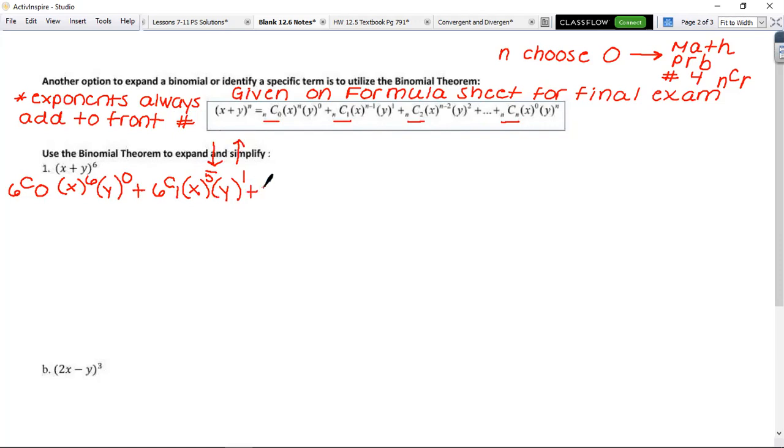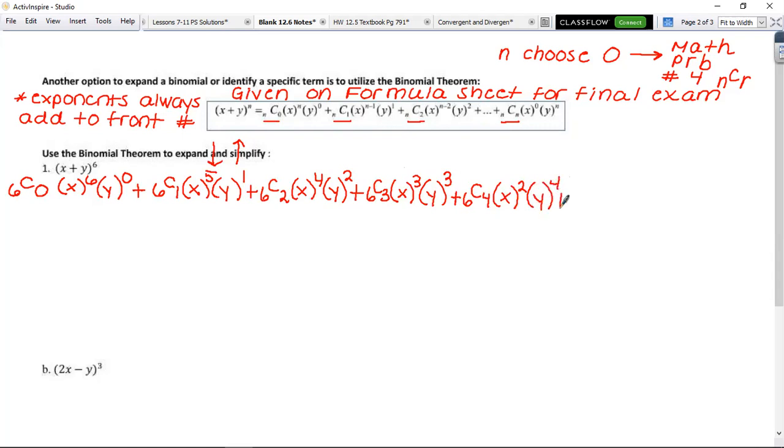Plus 6 choose 2, x to the 4th and y to the 2nd. Plus 6 choose 3, and this is x to the 3rd and y to the 3rd as well. You guys see the pattern? Okay, and then plus 6 choose 4, and I go x to the 2nd and y to the 4th.